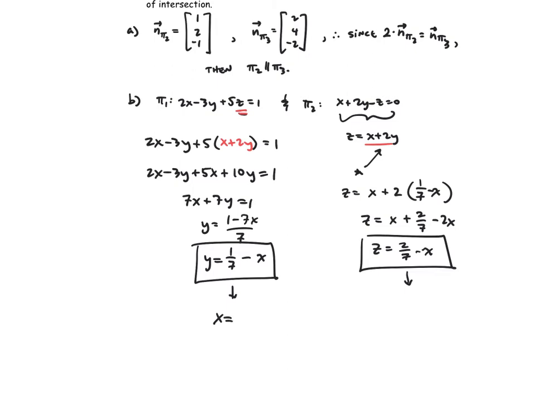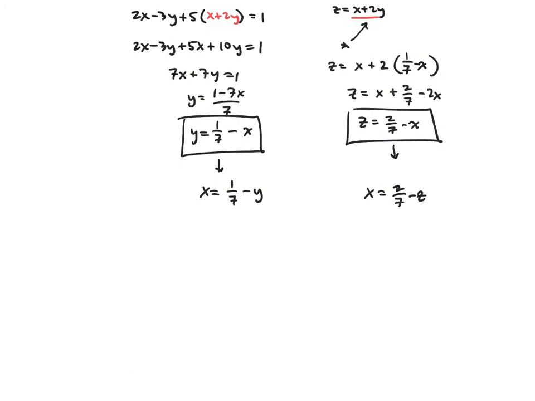So x is equal to 1/7 minus y, and x is equal to 2/7 minus z. Okay, so let's put this in Cartesian form for a line. So x is equal to 1/7 minus y, and x is equal to 2/7 minus z.